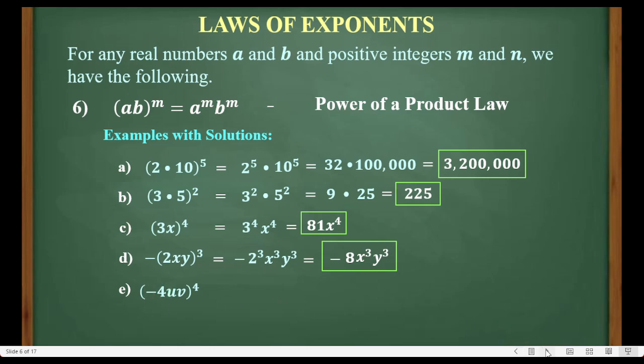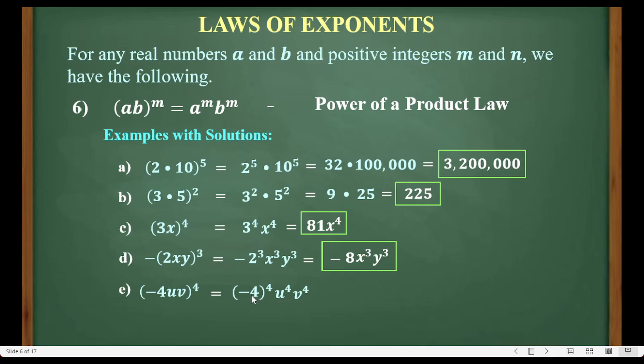So, applying again this law, we have negative 4 quantity to the fourth. Negative is still inside, to be placed inside the pair of open and closed parentheses. So, quantity negative 4 to the fourth times a to the fourth times b to the fourth.